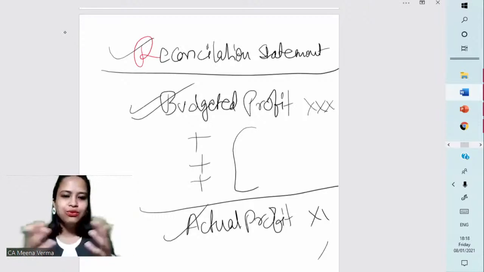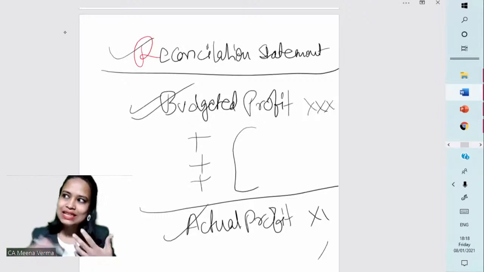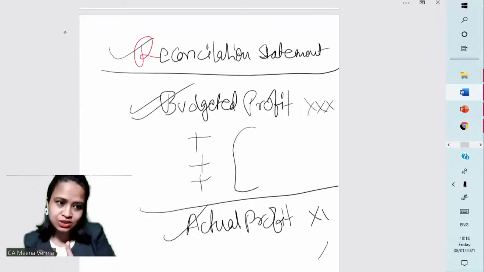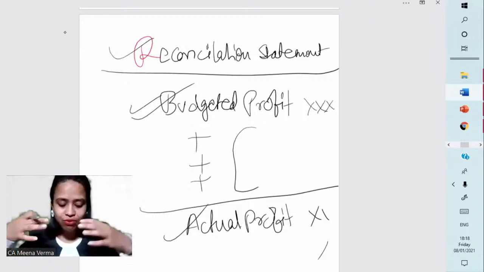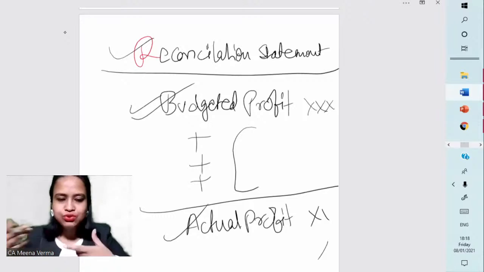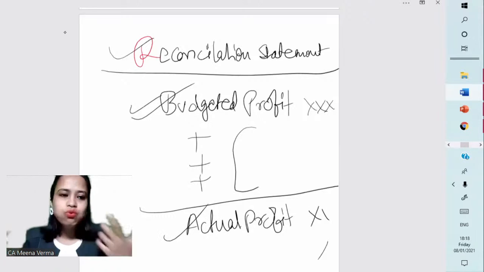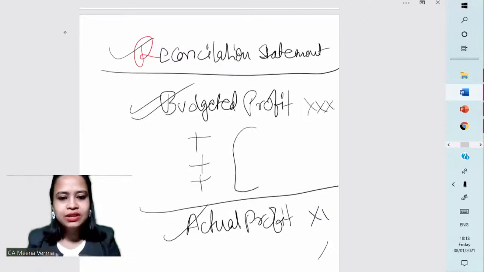Why is my actual profit less than my budgeted profit, or why is my actual profit more than my budgeted profit? What are the reasons? I want to analyze all these things. I want to find the reason why there is difference in budgeted and actual profits. And for that this reconciliation statement will help us.